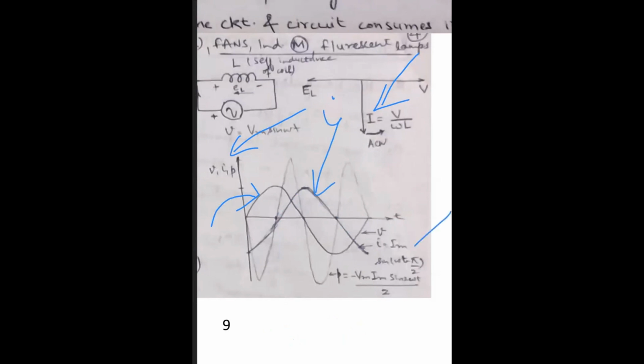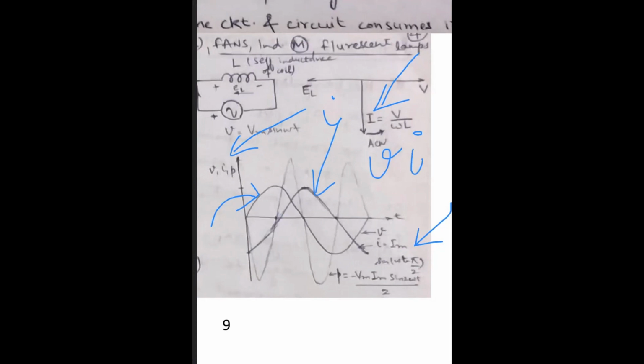The instantaneous current can be written as Im sin(omega t minus pi by 2). So what is the instantaneous power? Small v into small i.